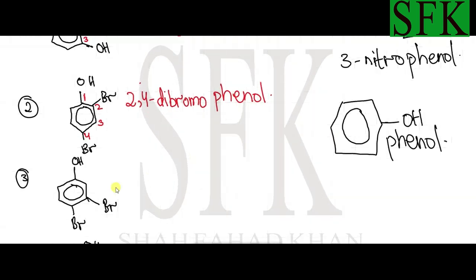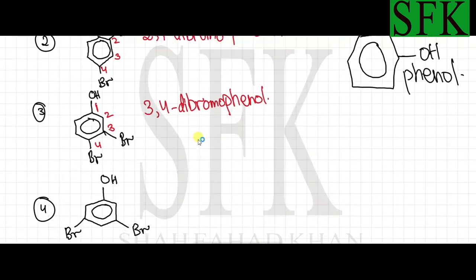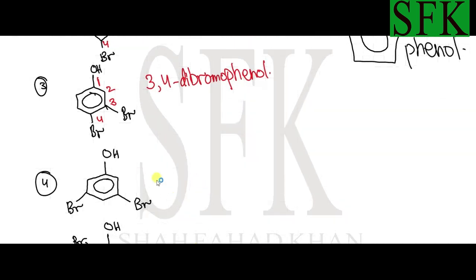Then the third compound is basically an isomer of the second compound, in which the position of the bromo group has changed. So again the OH is given carbon 1, and keeping the numbering as small as possible, this becomes 3,4-dibromophenol. Then the next compound, which is again an isomer, the phenol carbon is given carbon 1.